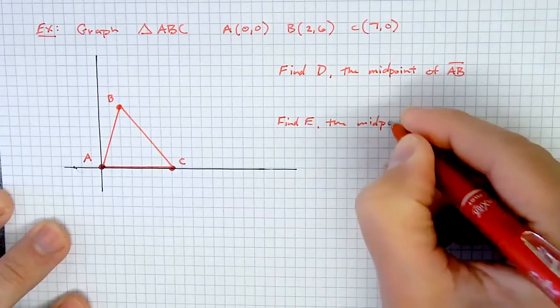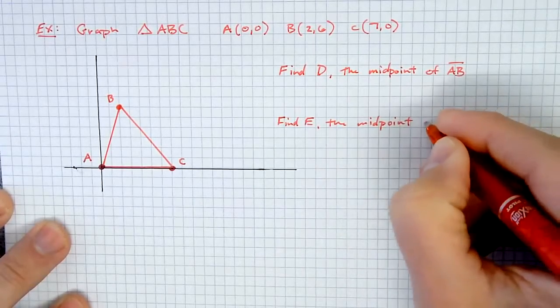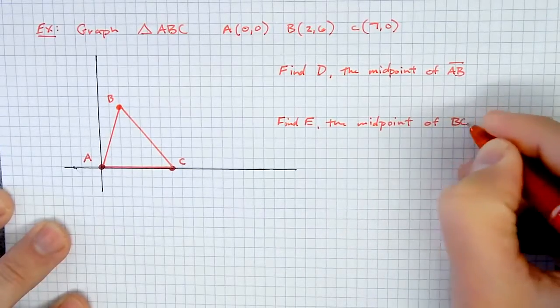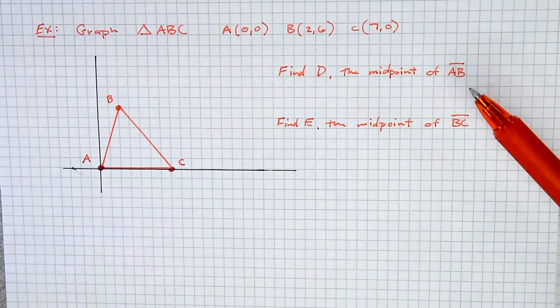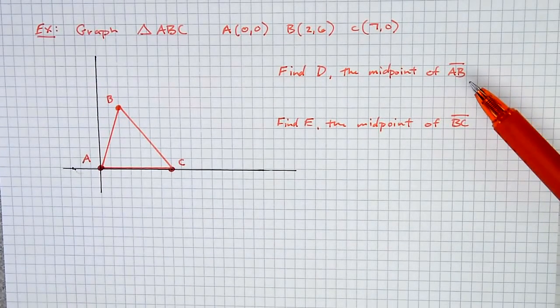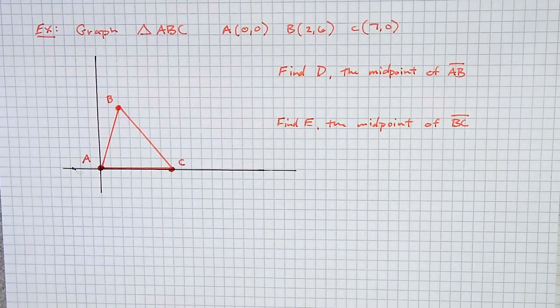Okay, once you've graphed that, I want you to find D, which is going to be the midpoint of AB, and then find E, which is going to be the midpoint of BC, and label those.